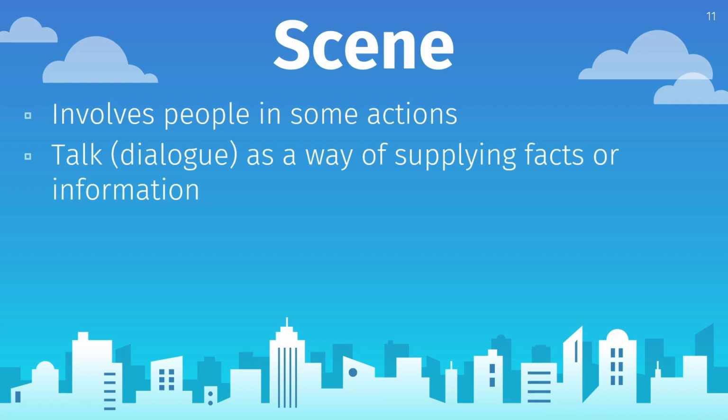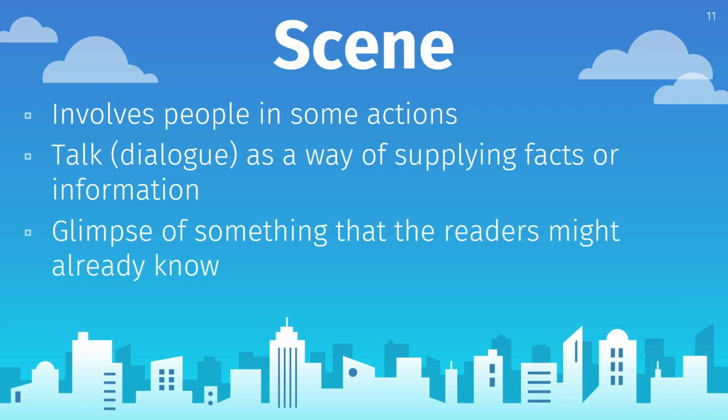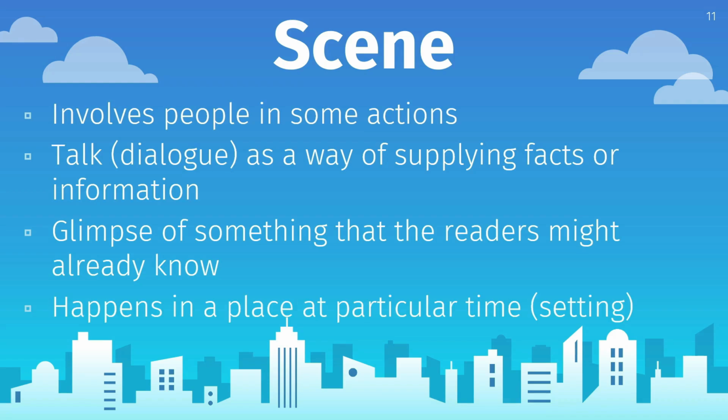Now, from those dialogues, we readers got a glimpse of something that we might already know or something that we do want to know, a confirmation. And these scenes also happen in a place at a particular time, which we call the setting. And by those four elements, we can create a conclusive and nice scene.